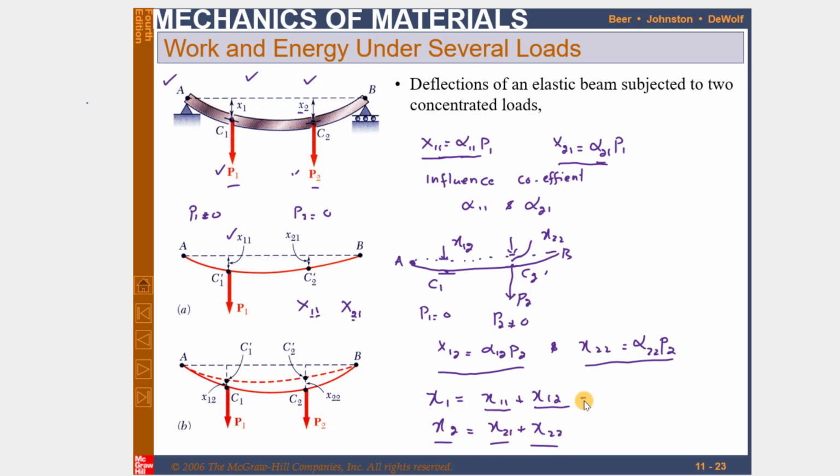Now you can put the values, as you know that x11 is alpha 11 P1, plus x12 is alpha 12 P2, and similarly here x21 is equal to alpha 21 P1 plus alpha 22, x22 is alpha 22 P2.